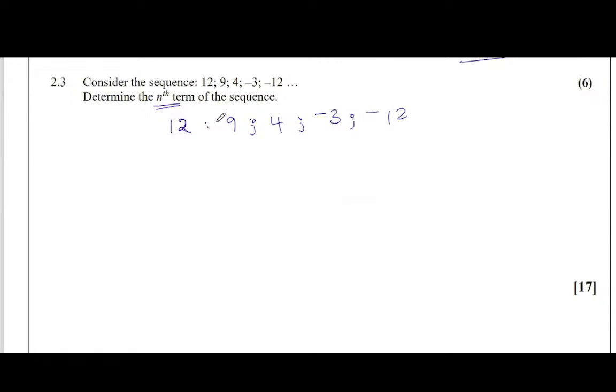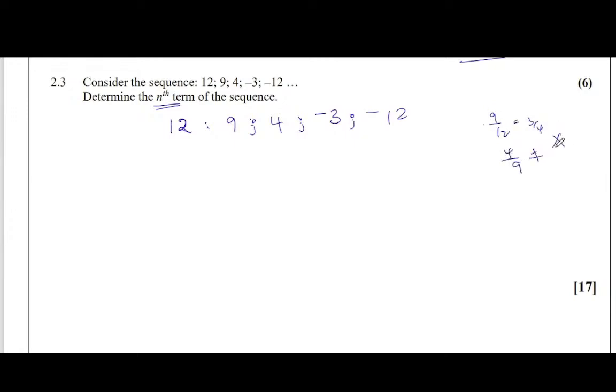If we try to do the division, 9 divided by 12 gives me 3 over 4. What if I try 4 divided by 9? Do I get the same thing? 4 divided by 9, I don't get 3 over 4, which means it's not geometric.